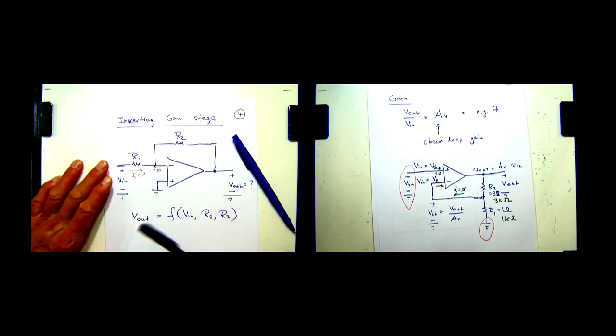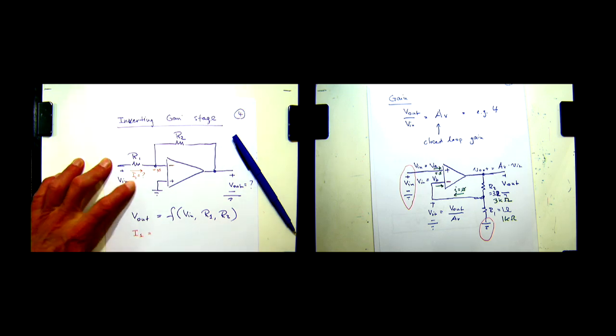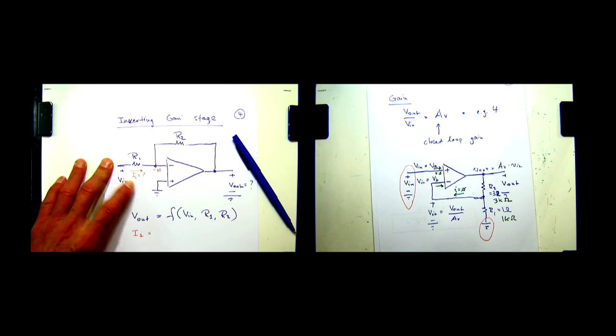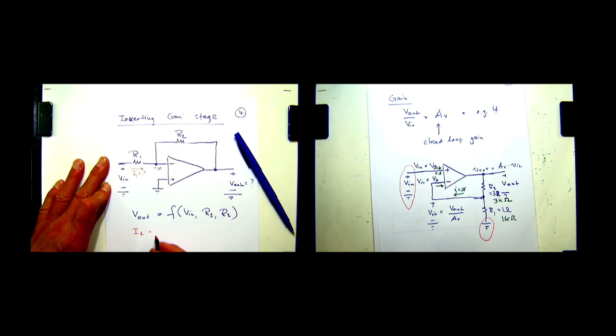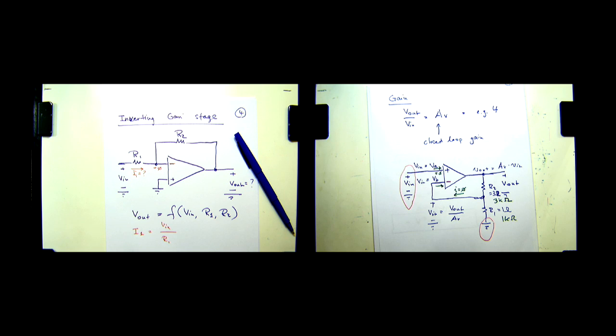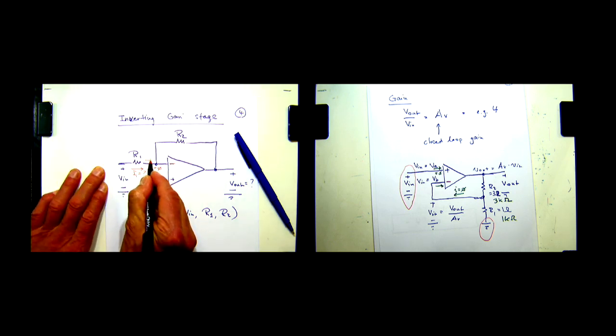Once we know that, can we figure out what is I1, this I1 here? It's just equal to V in over R1, Ohm's law, right? We have V in across that resistor, and the value of the resistor R1. So then, this current flows out of the resistor.